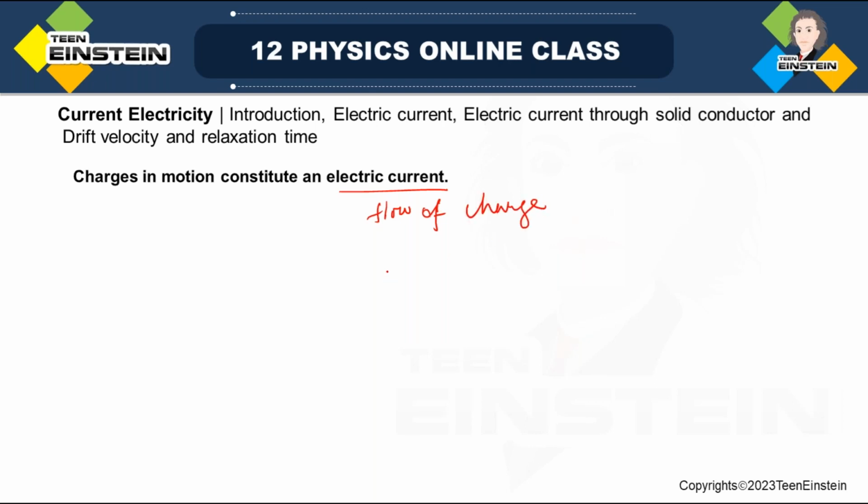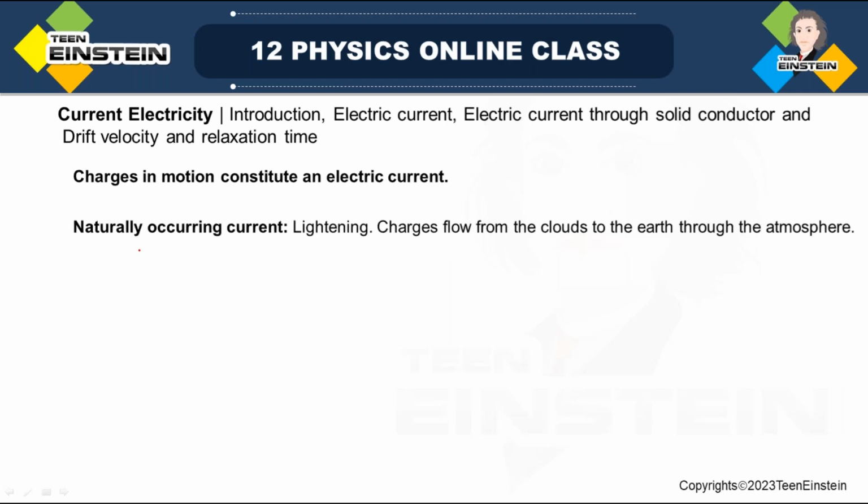So there could be two kinds of sources of electric current. One is natural source of current, and the other one is the artificial source. The current we are using in our households and offices, etc., actually is produced by human beings, not naturally occurring. So what is the source of naturally occurring electric current?